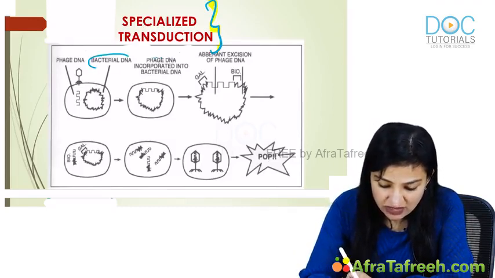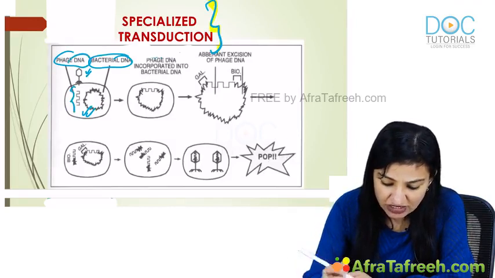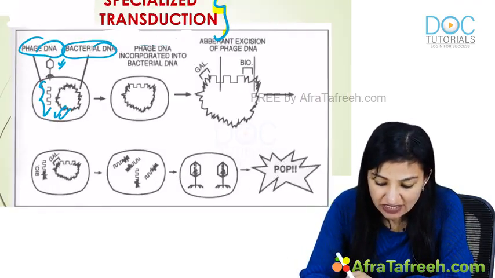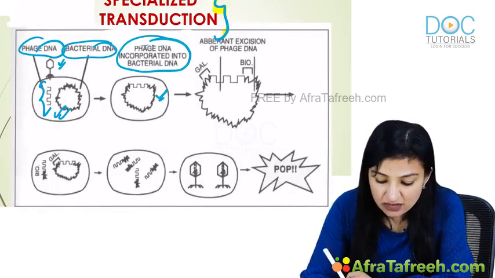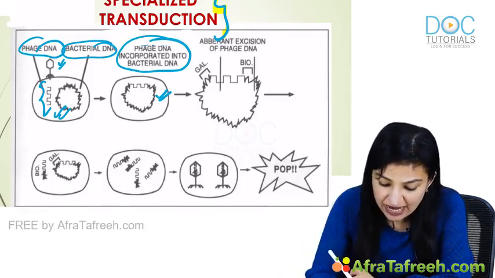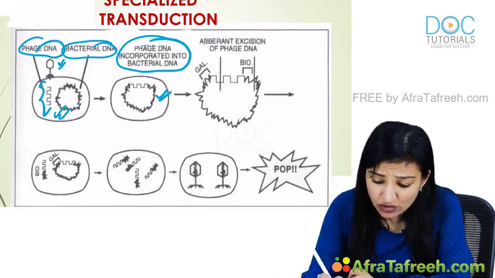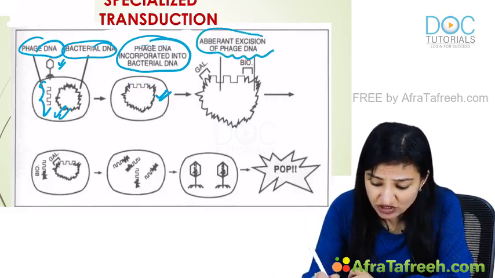So this is the bacterial DNA, this is the phage, and this is the phage DNA. The phage DNA gets incorporated into the bacterial DNA, right? The bacterial DNA is in zigzag fashion, and this is the configuration of the phage DNA. Then suppose there is aberrant or abnormal excision of the phage DNA.